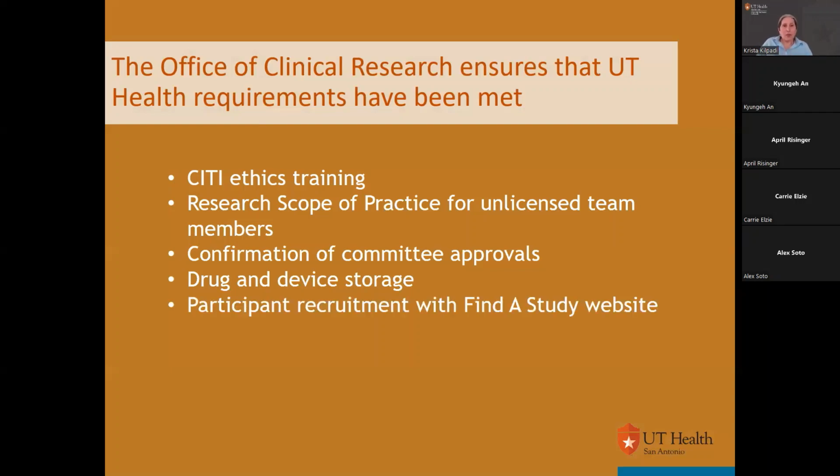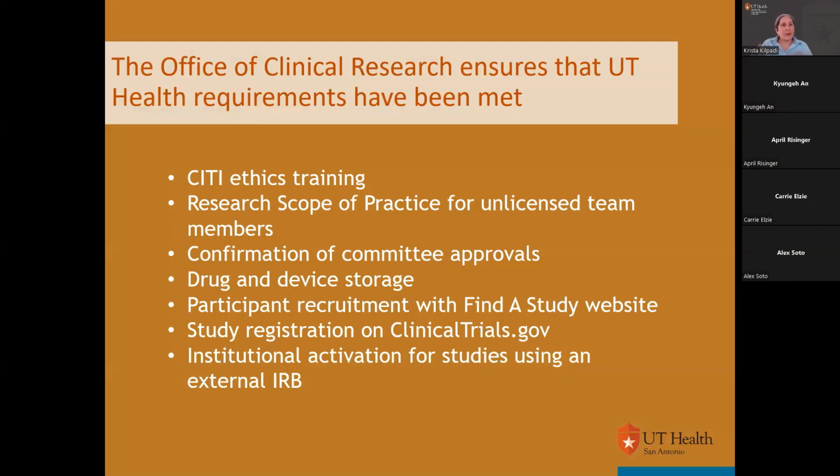If you need help with recruiting participants through the Find a Study website, that's something else that the Office of Clinical Research can help with, as well as study registration on clinicaltrials.gov. If you have a clinical trial, you are required, in most cases, to register it on clinicaltrials.gov. We've got people at our office, Cara Nyland specifically, who can help you get those clinicaltrials.gov reports done so that you can publish your research after you're done, and so that everything is reported like it's supposed to be.